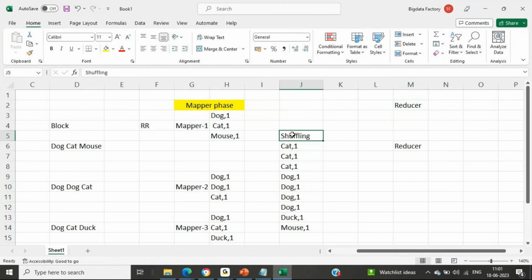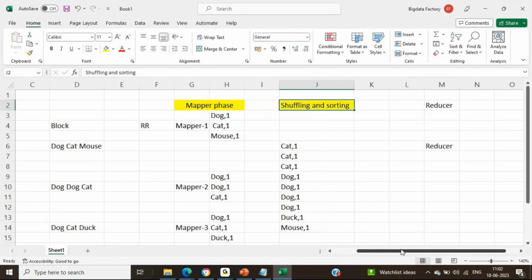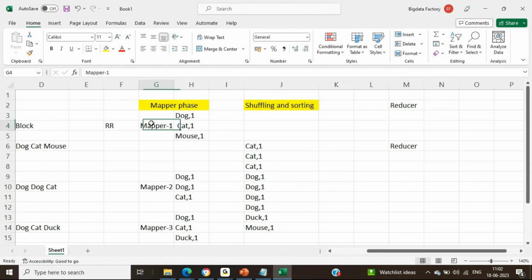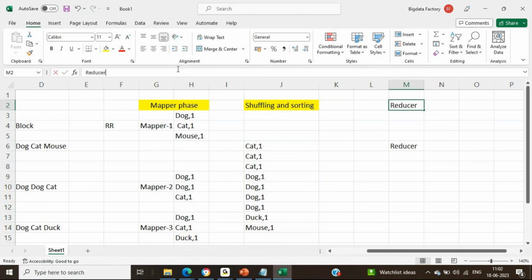This is the shuffling and sorting phase. Now try to think: we had three mappers, and those mappers had certain output, and that has been shuffled and sorted, and now it is further given to the reducer to have the final output.